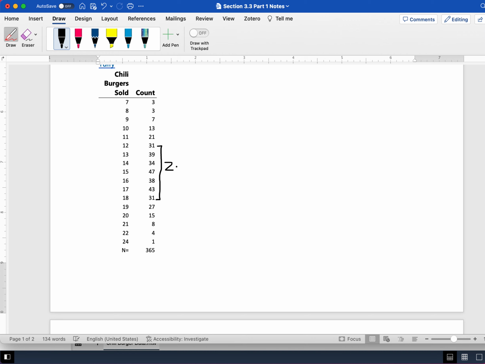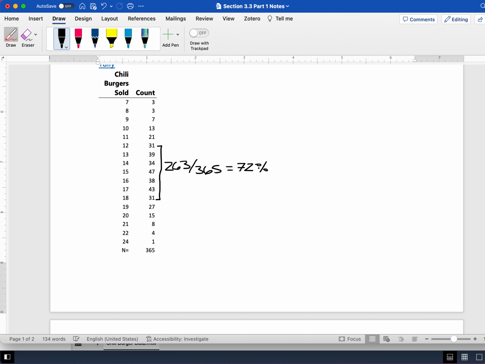You can add those using a calculator if you want to. So 263, and 263 divided by the total number of days in my table, which is 365, that is 72%.